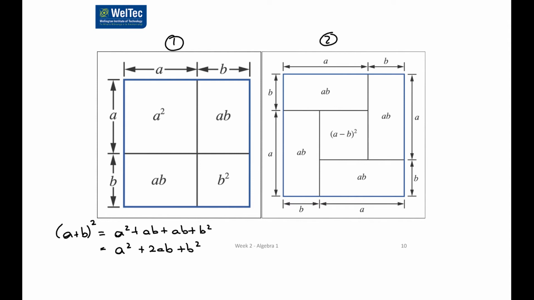The next one is another proof. It's a little more complicated, but it works. Again, we've got a plus b by a plus b, so (a plus b) squared. And if we look at how it's been divided up into little bits this time, we've got 4ab plus a little bit in the middle, (a minus b) squared. Now suppose we want to find ab. So let's shift the (a minus b) squared.